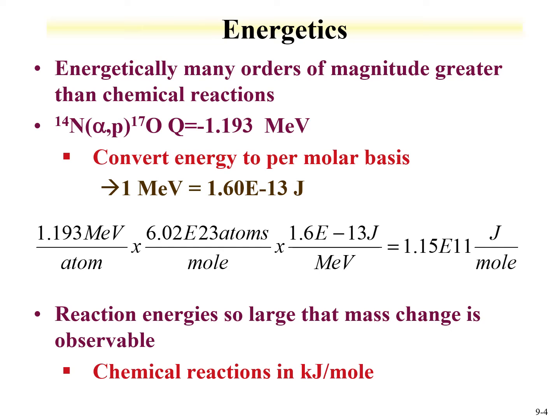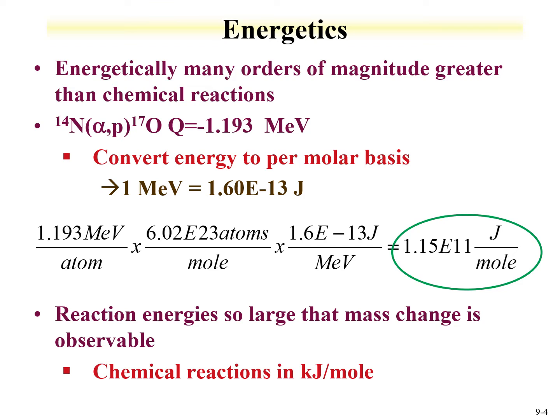Now to describe this sort of reaction, we can talk about this on a per molar basis so we can compare it with a chemical reaction. We use a conversion of 1 MeV equal to 1.6 times 10 to the minus 13 joules. So we can convert our reaction from MeV per atom into joules per mole, and we see that this reaction winds up being on the order of 1 times 10 to the 11th joules per mole.